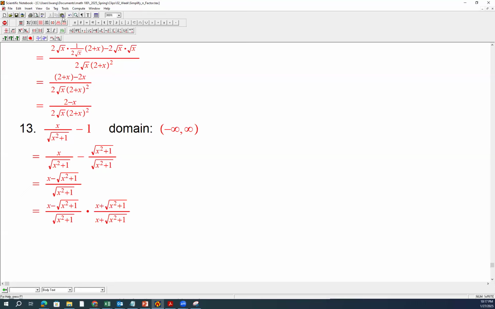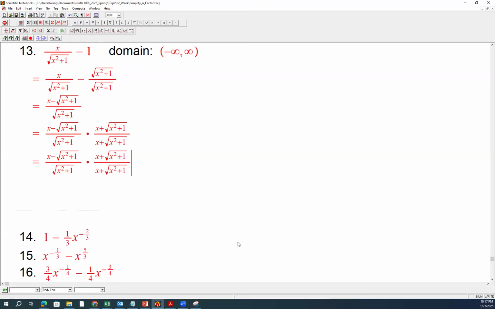This will be a typical calculus question. We get a minus b times a plus b, that equals a squared minus b squared.